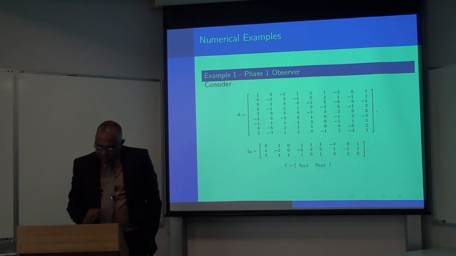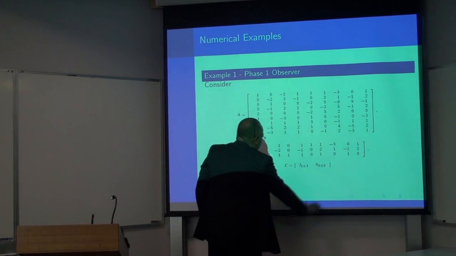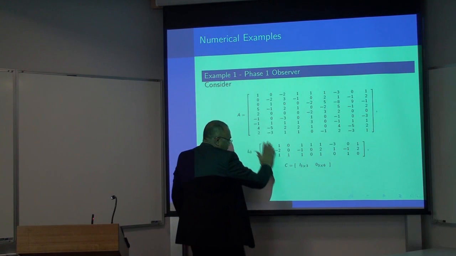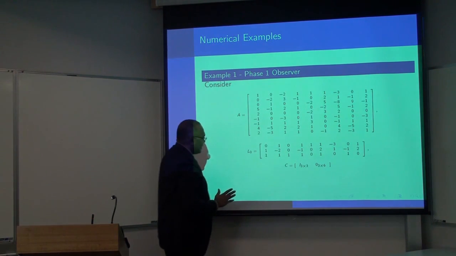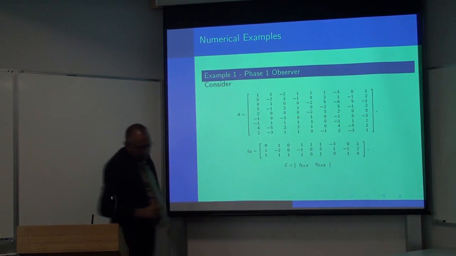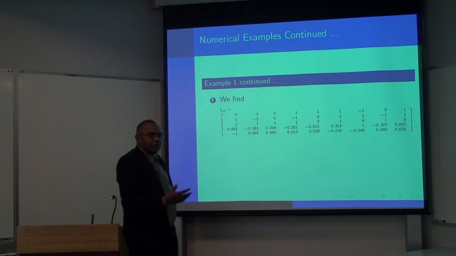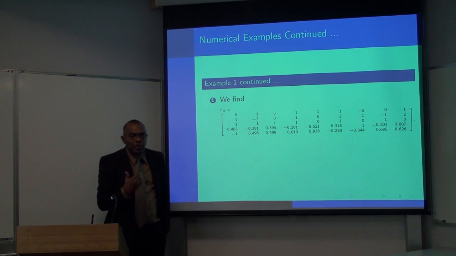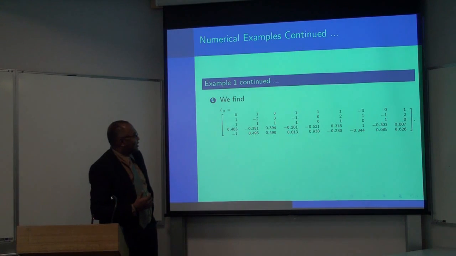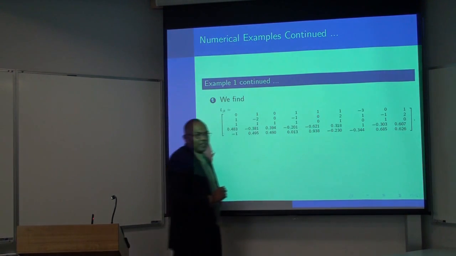So, an example of a phase 1 observer. Here we have a 9th order system. We want to estimate 3 functions, so we have 3 rows. We find that condition 1 is not satisfied, so if I choose L equal to L naught, condition 1 is not satisfied. So you need to add 2 additional rows in order to satisfy condition 1.